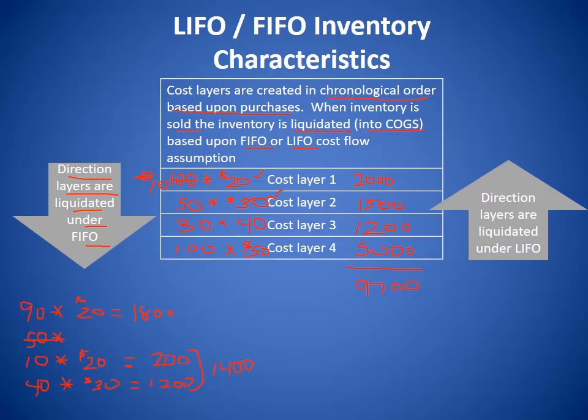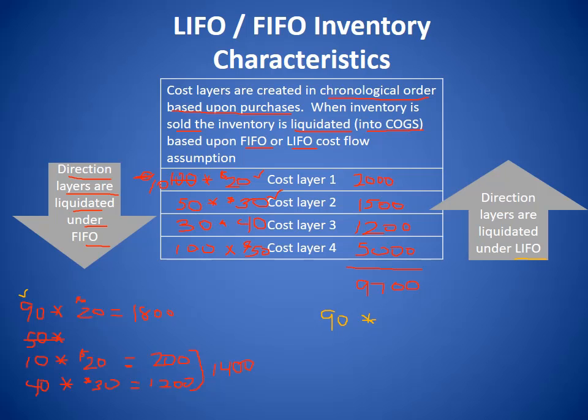But now the difference is in how we liquidate the layers. Under LIFO, we're going to assume that we sell 90 units. So I'm going to put down 90 units. But in this case, the cost is not liquidated from the first layer. It's liquidated under last in, first out, so it'll be liquidated from the last layer.